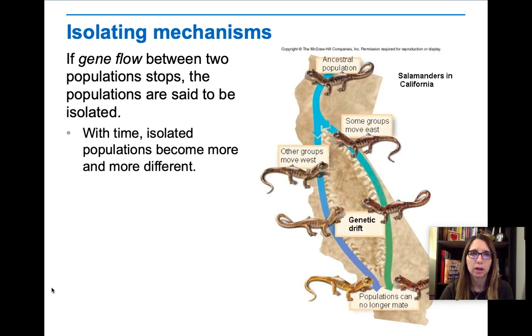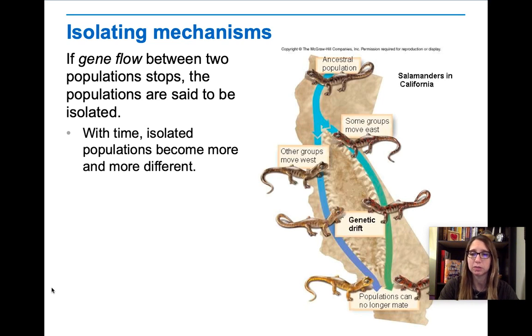Okay. So when we look at isolating mechanisms, that whole phrase always makes me think of things that are happening kind of on their own, things that are impacting populations in a way that's separating them further, right? And so back in 18.2, we talked about this process called gene flow. Remember, gene flow is where we have movement of alleles between populations.